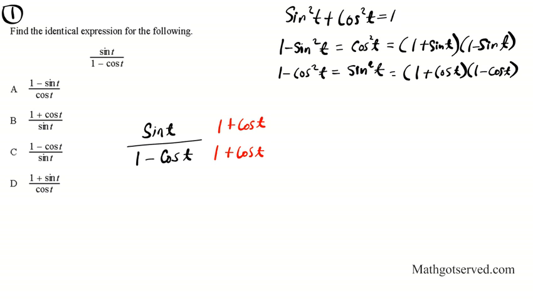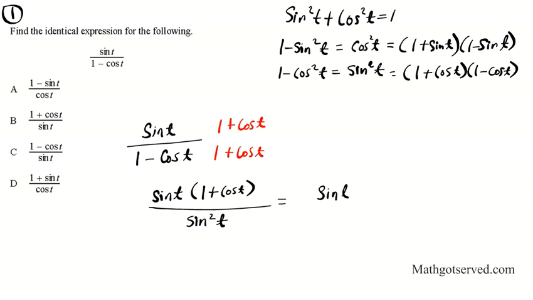All right? So that gives me sine t times 1 plus cosine t. And then in the denominator, I could just FOIL it out, but I can use this shortcut right here: 1 minus cosine t times 1 plus cosine t, that's the same thing as sine squared t. Okay? Now since I have a square at the bottom, let me keep the numerator the way it is.